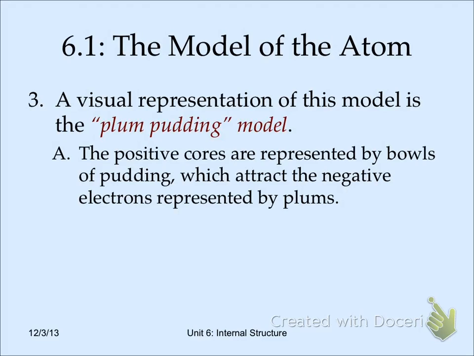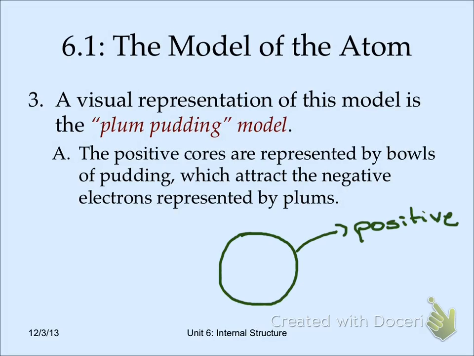So again, the positive cores are represented by bowls. If we can make a picture here of his plum pudding model, we could say that the circle here is like the bowl. And we're just going to refer to it as plum pudding. You're just going to have to live with that. So the bowl itself, and everything kind of like the space around it, is the positive portion of the atom.